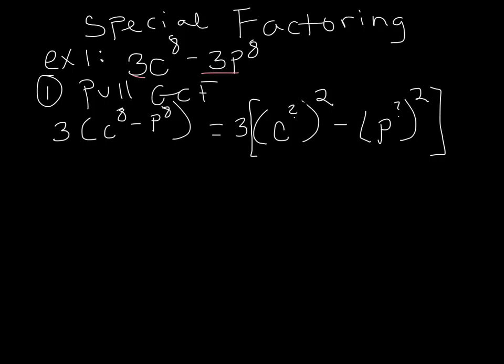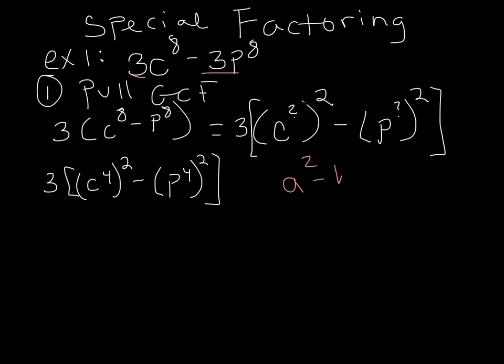So I now have 3 times c to the 4th, all squared, minus p to the 4th, all squared. And now I can use my difference of squares formula, which we know is a squared minus b squared equals a plus b, a minus b.